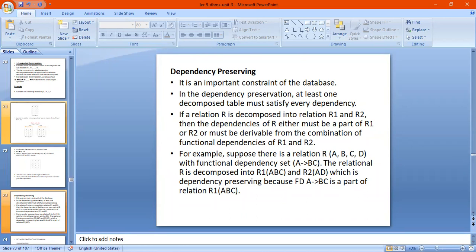For example, suppose a relation R has attributes A, B, C, D with functional dependency A determines BC. Relation R is decomposed into R1 with attributes ABC and R2 with attributes AD, which is dependency preserving because the functional dependency A determines BC is a part of relation R1 with attributes ABC.